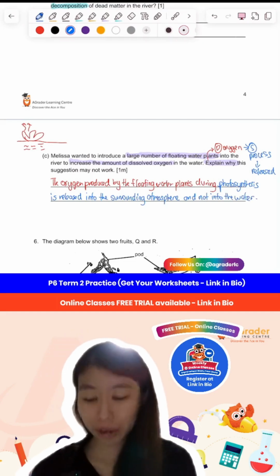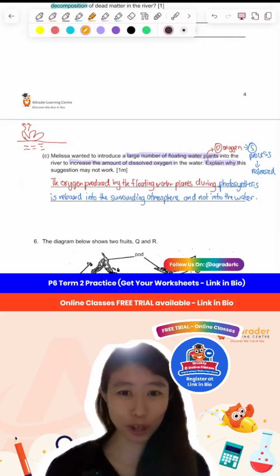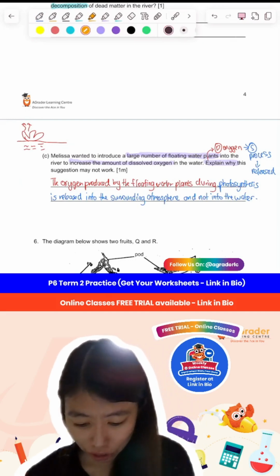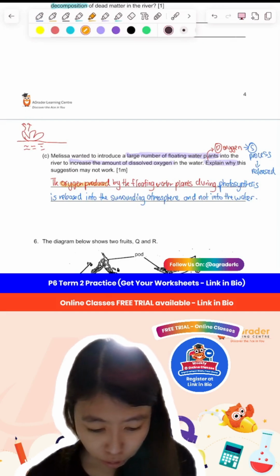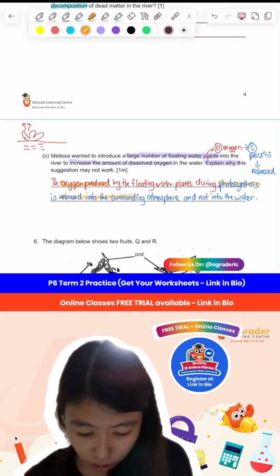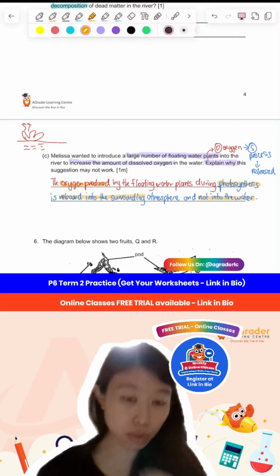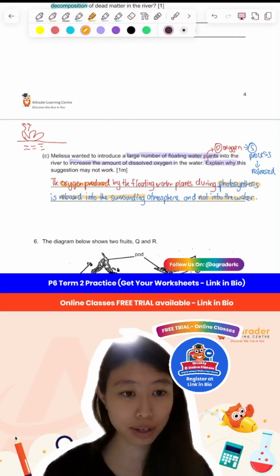So you must explain why it does not help at all. Oxygen produced during photosynthesis is released into the surrounding and not into the water. That's the comparison you have to make.